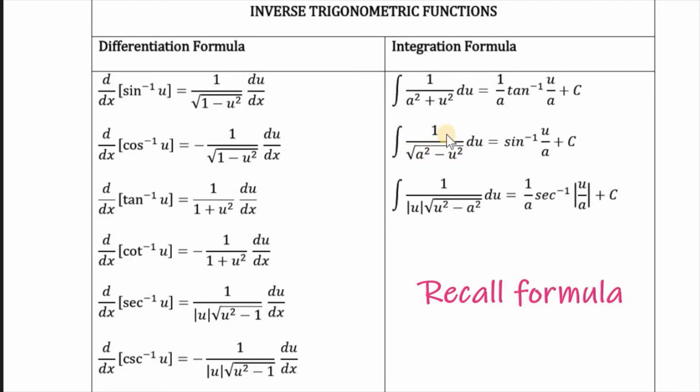So it's different, and we cannot use this as our answer. Let's come back to the question. The answer for the integral of the square root of a squared minus x squared is not given in our formula list. It's different, because that one is 1 over the radical.